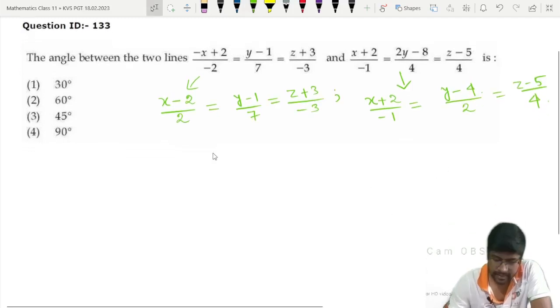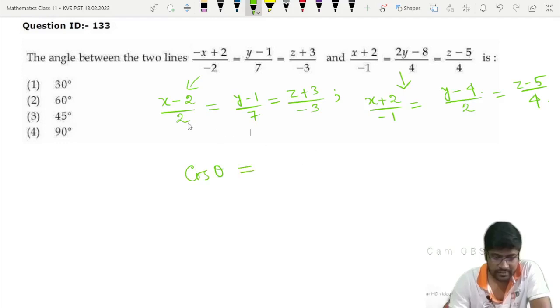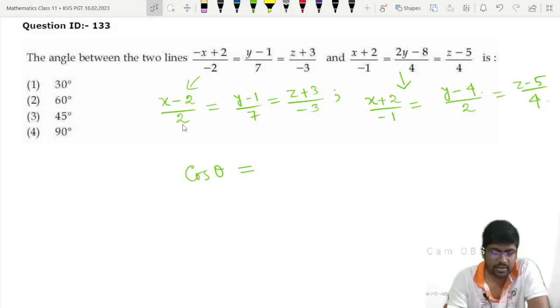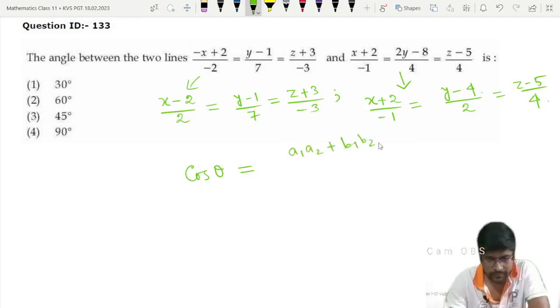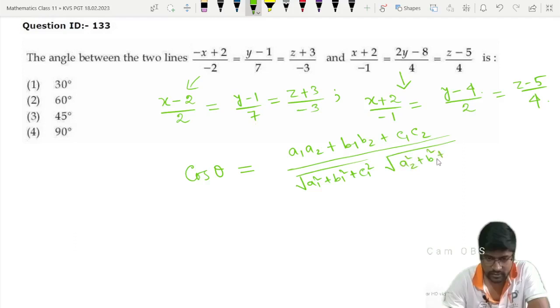Now we can find the angle by applying the formula. If theta is the angle between the straight lines, and the direction ratios of the first straight line are a1, b1, c1, and those of the second straight line are a2, b2, c2, then cos theta will be equal to a1 a2 plus b1 b2 plus c1 c2 divided by root over a1 square plus b1 square plus c1 square into root over a2 square plus b2 square plus c2 square.